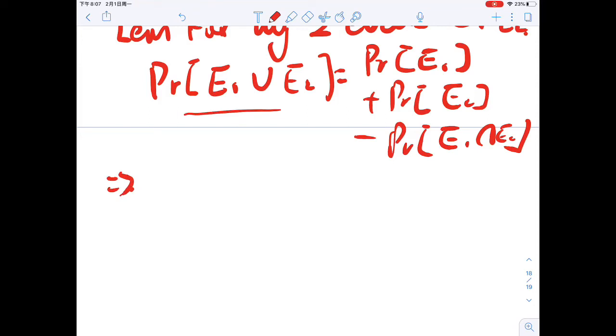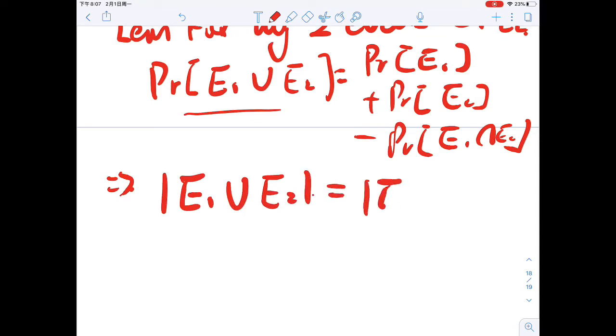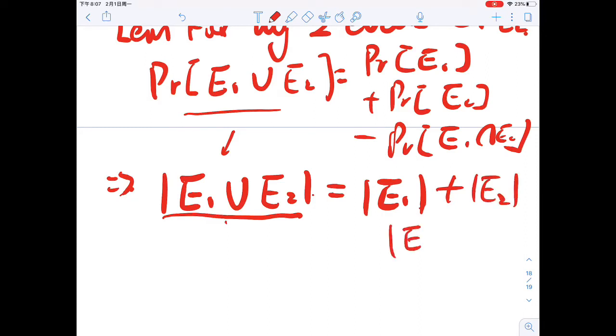When you look at very elementary set theory in some of the math courses you took, we know that if we want to count the number of elements, we have this result: if I count all the elements of the union of E1 and E2, it equals E1 plus E2 minus E1 intersect E2, right?